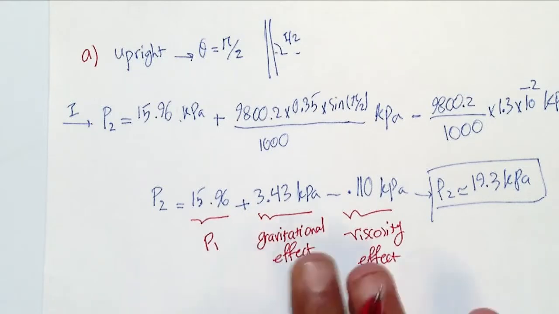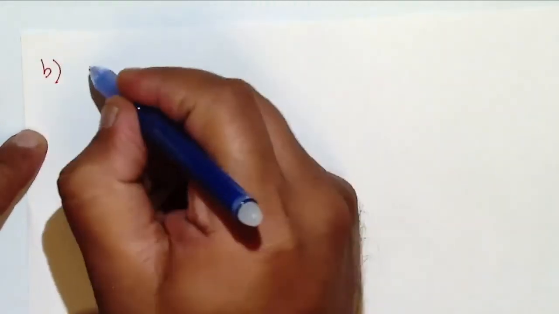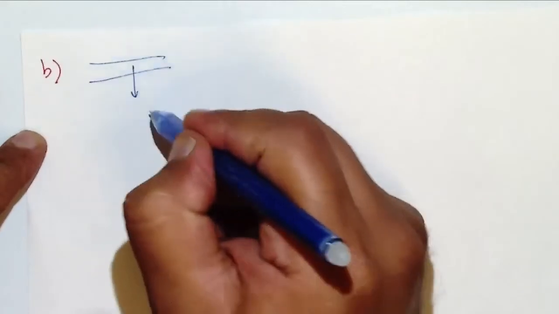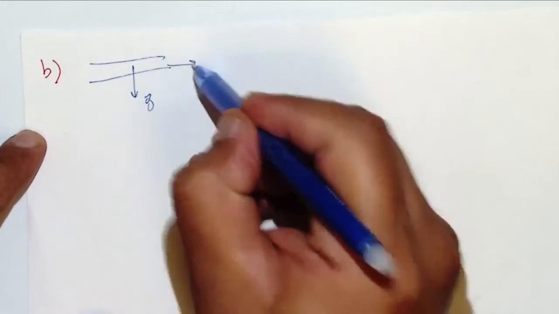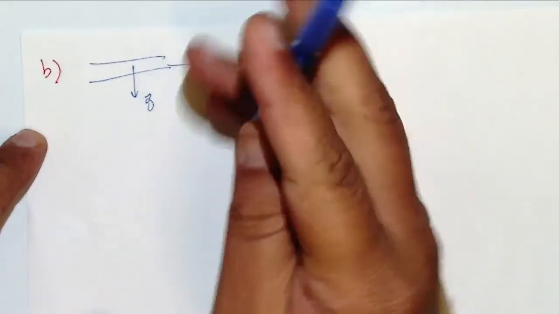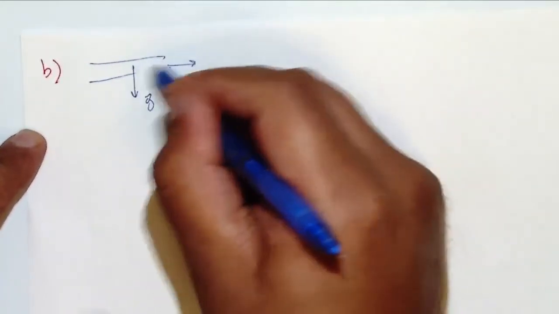But in part C, it would be more interesting to know if the flow is in a horizontal part. Part B asks if the artery is horizontal or laid down versus G. If the flow is in this direction, the gravitational effect is zero.